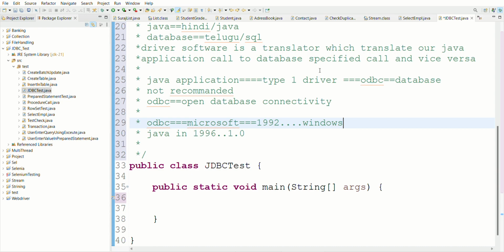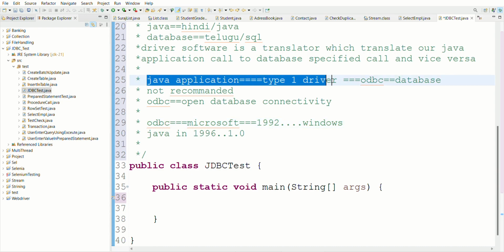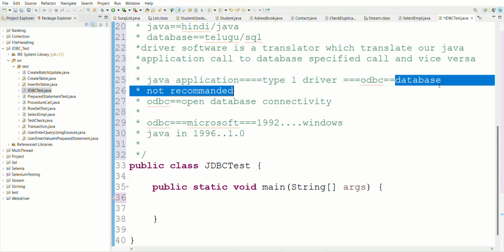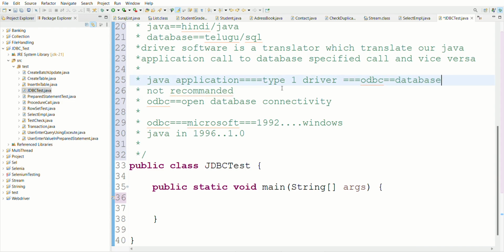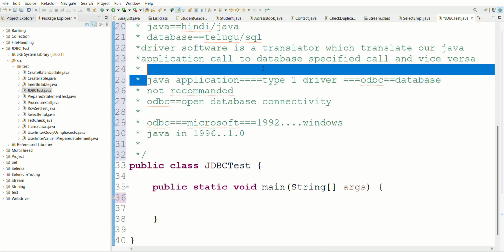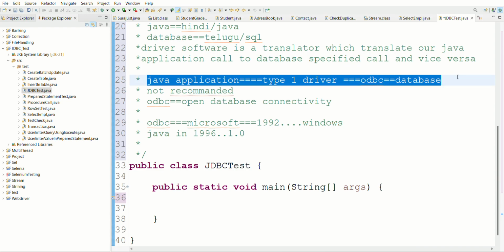So it means your Java application and database must be in the Windows operating system. Other operating systems do not provide support for the ODBC type 1 driver. Got it? So this is applicable only for Windows operating system.